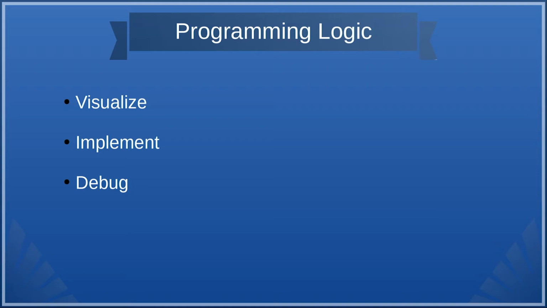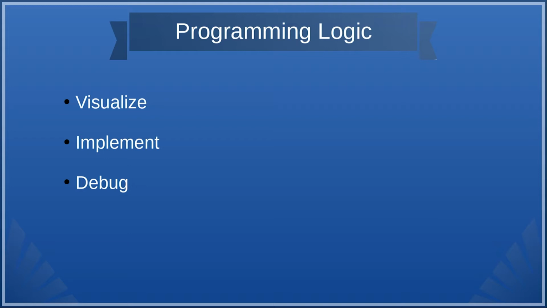After that, you will actually implement it, and in the end phase you debug your code and check if your program meets your requirements, if it actually solves the problem or not.